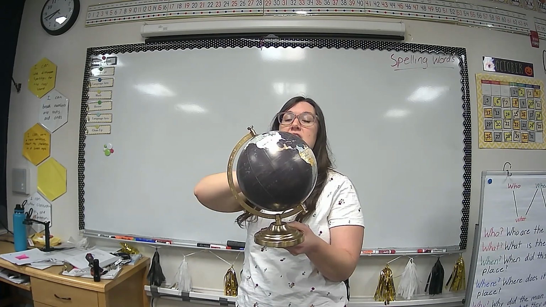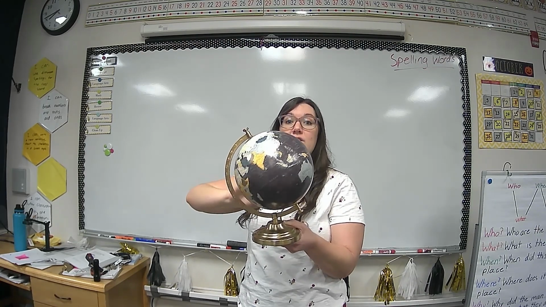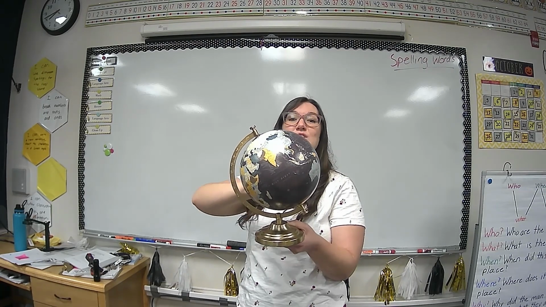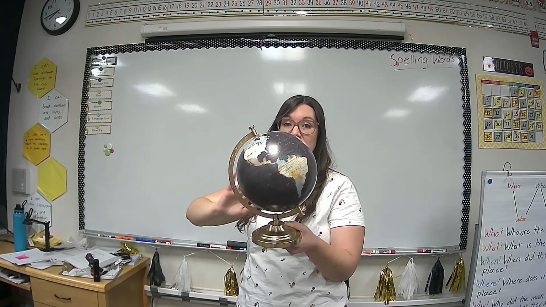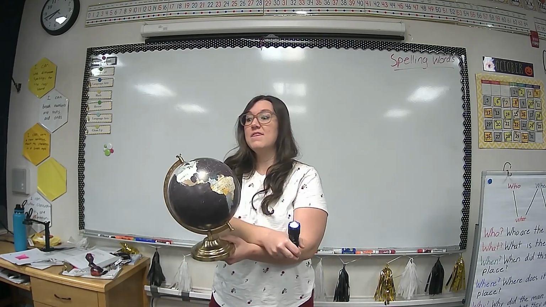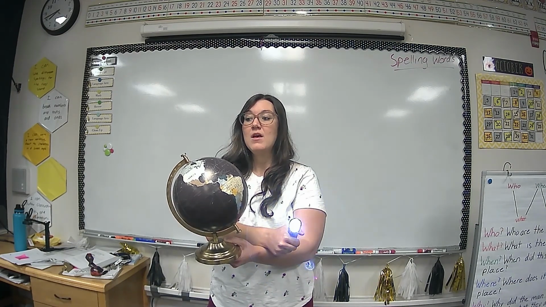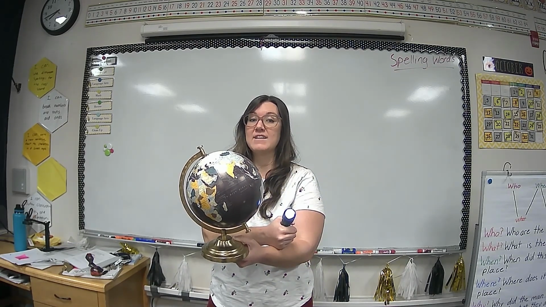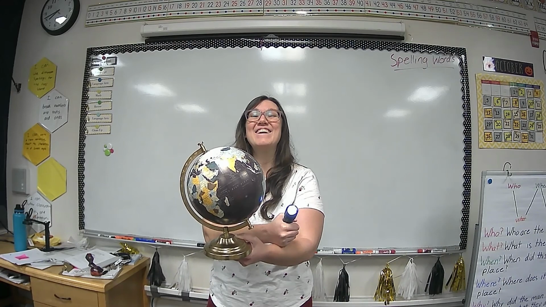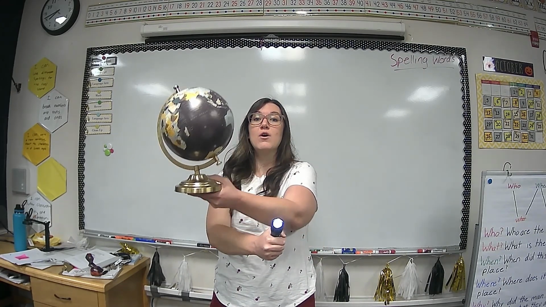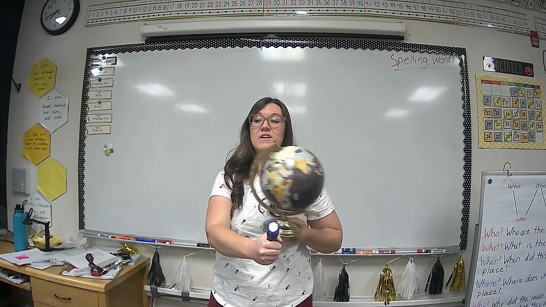This is a rotation. While the Earth is spinning or rotating around the axis, it is also moving around the sun. So if I have this light as my sun, the Earth, while it's spinning, I don't have enough hands to do both. While the Earth is rotating on its axis, it is also revolving or moving around the sun.